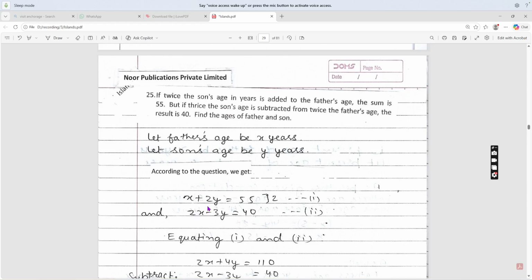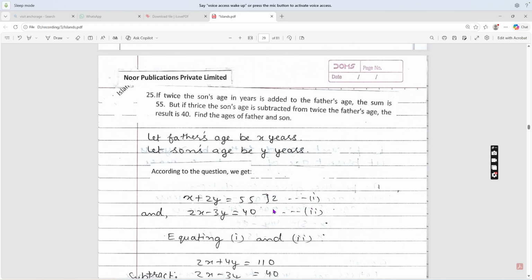And after minus, what are we going to write? Thrice the son's present age. What is thrice the son's present age? That is 3y, because the present age of son is y, and thrice is 3y. So 3y is going to be subtracted from 2x, and hence we get 2x minus 3y is equal to 40. It is our equation number 2.